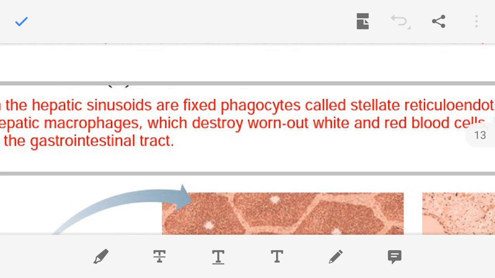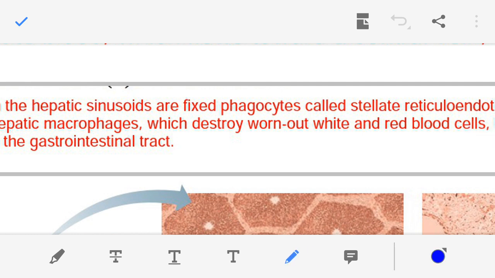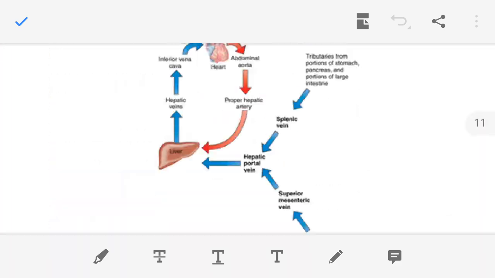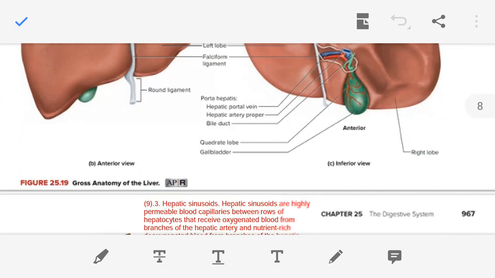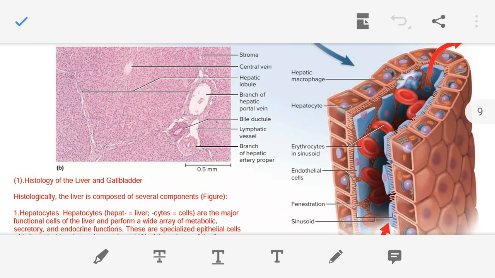Now, in the hepatic sinusoid, phagocyte cells are present. Okay. In the hepatic sinusoid, phagocytes are present. I'm showing you in the figure. In the beginning, I told you that you observe this figure carefully.